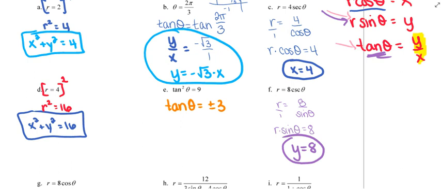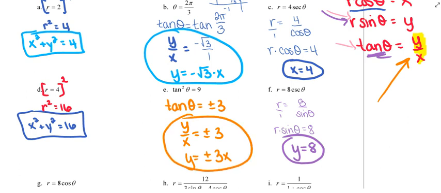And now tan theta, it says over here, I can replace with y over x. And again, if I wanted to solve for y, I could solve for y by cross multiplying. But either one of those is a perfectly acceptable way to solve your problem. Love this. So much fun.